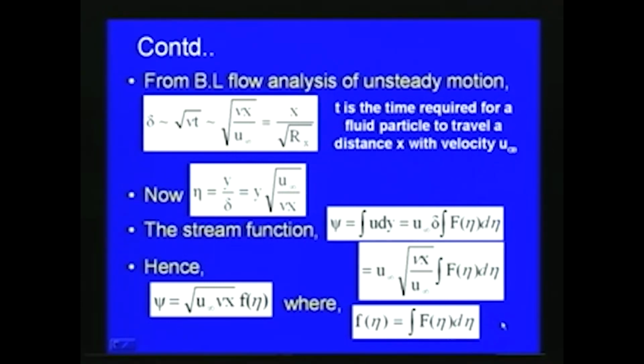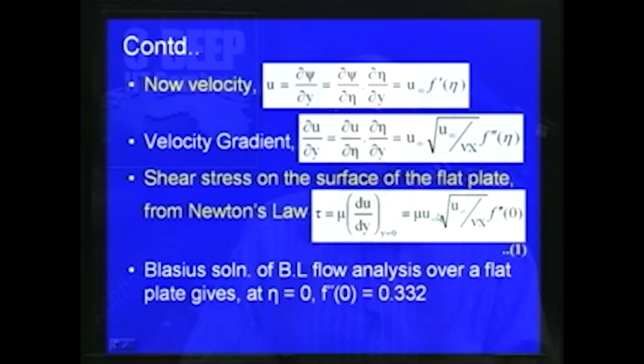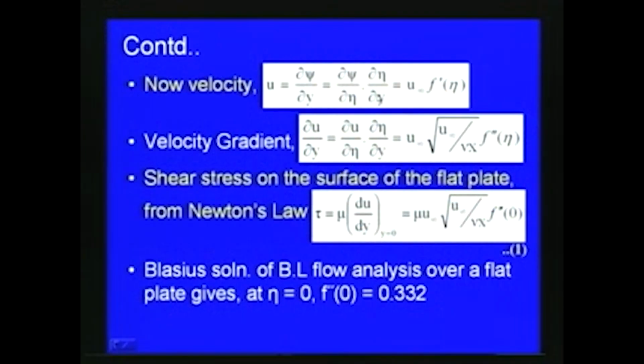Now we know that the velocity can be represented as u is equal to del psi by del y. So we can write u is equal to del psi by del eta into del eta by del y, which is equal to u infinity f dash eta.